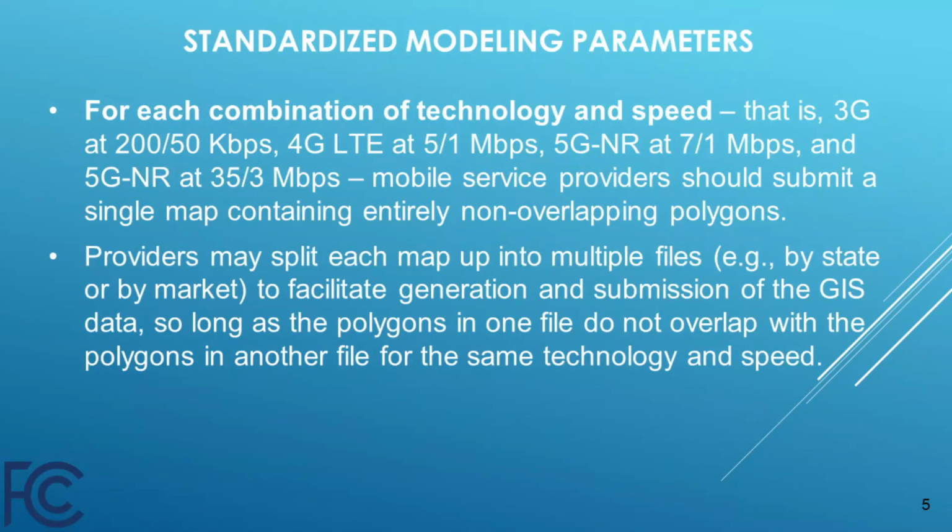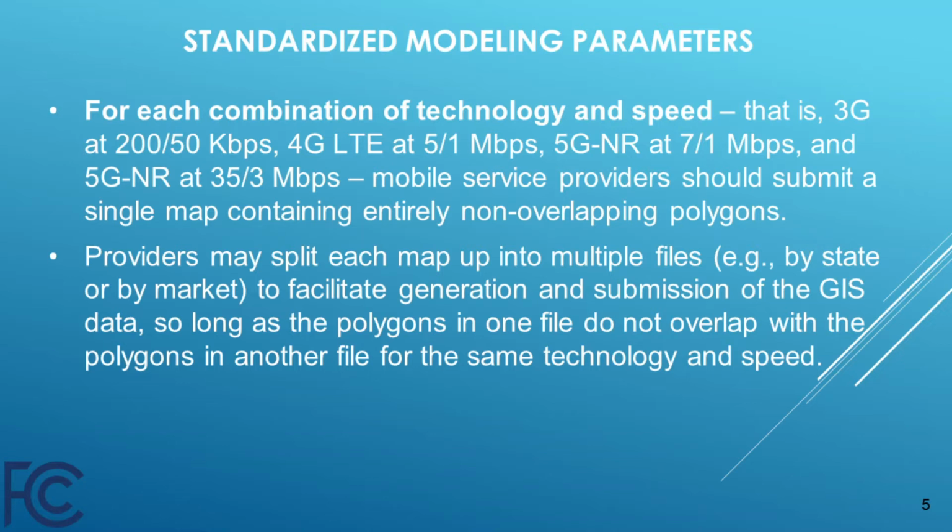For each combination of technology and speed, that is 3G at 200 kilobits per second download and 50 kilobits per second upload, 4G LTE at 5 megabits per second download and 1 megabit per second upload, and 5G NR at 7 megabits per second download and 1 megabit per second upload, and 5G NR at 35 megabits per second download and 3 megabits per second upload, mobile service providers should submit a single map containing entirely non-overlapping polygons.